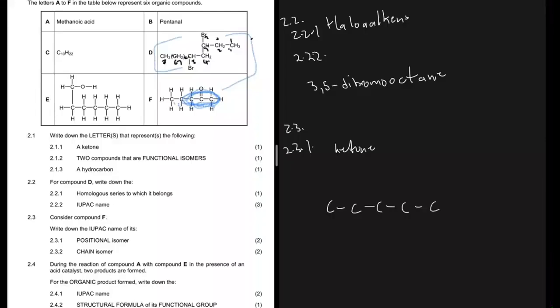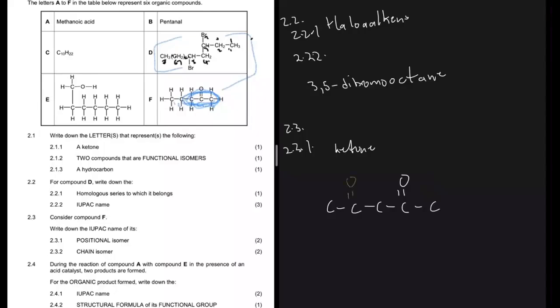So we have 1, 2, 3, 4, 5 carbons, and then the functional group is on this second carbon from the right. For it to be a ketone, the oxygen double bond should be sandwiched by carbons, right? So we cannot put an oxygen here. It becomes an aldehyde. It's no longer a ketone.